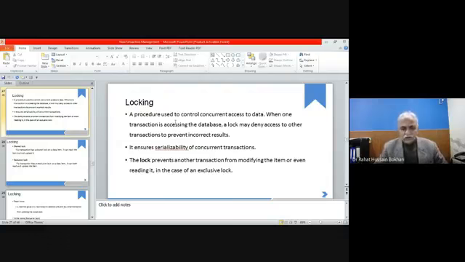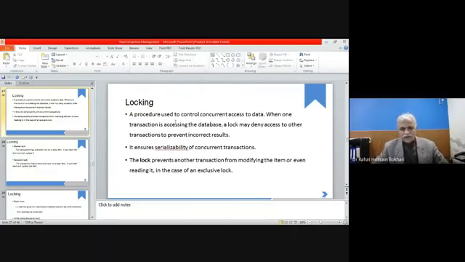We can't access the data of that record or table that is being processed. The table may be locked for read, or locked for write.